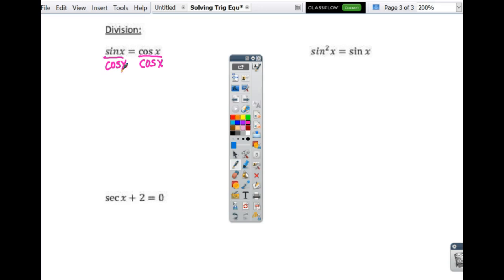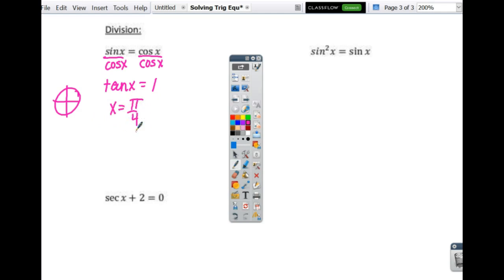So what is cosine divided by cosine? 1. So I get tangent of x equals 1. So where does tangent of x equal 1? Pi over 4. So my x is pi over 4.